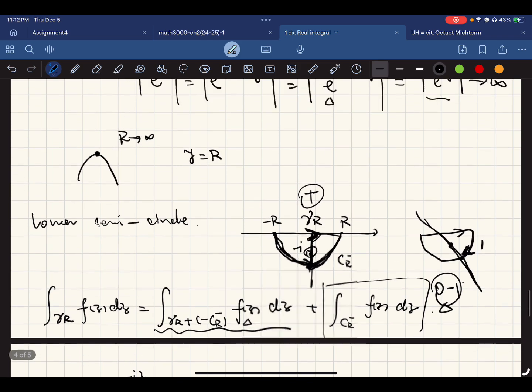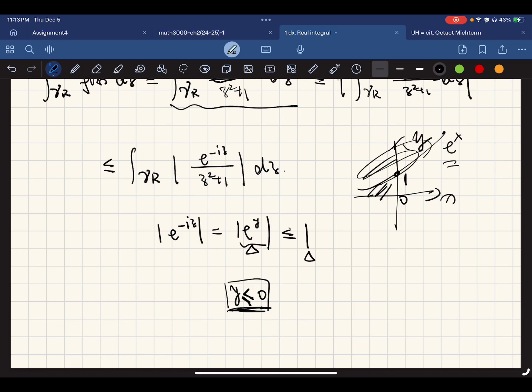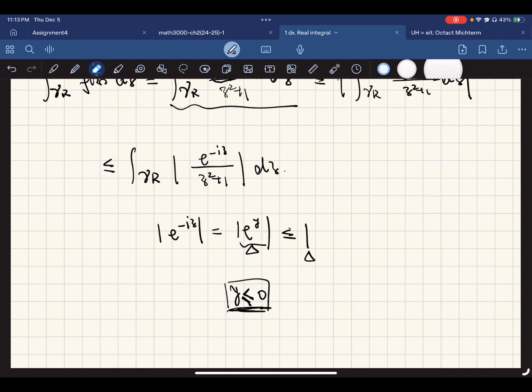We can take 0 at the endpoints of the semicircle, where y equals 0. Anyway, y is less than or equal to 0, so e to the y is less than or equal to 1, if you draw the picture of the exponential function. So this integral will be less than or equal to the integral over gamma r of 1 over the modulus of z squared plus 1 dz, isn't it?